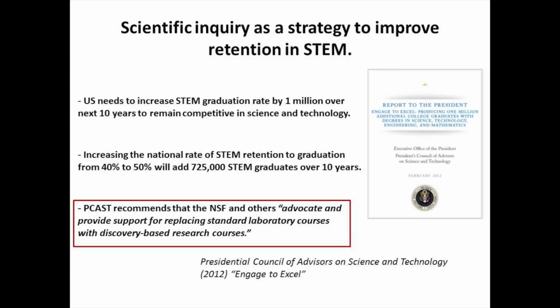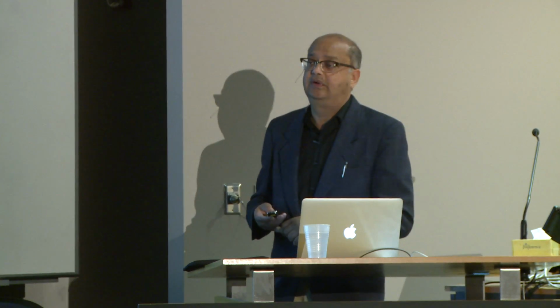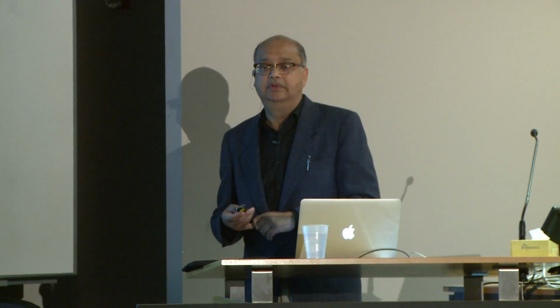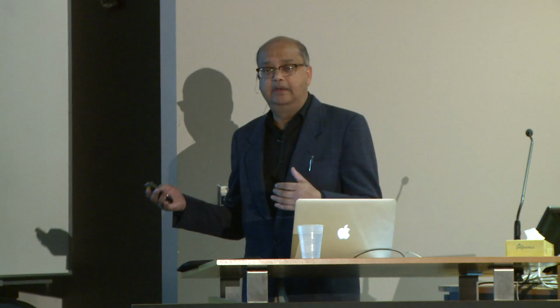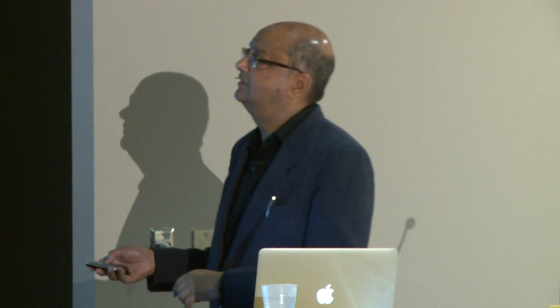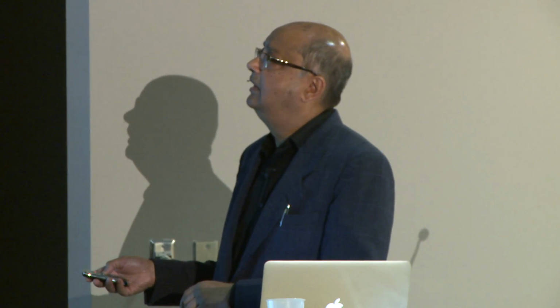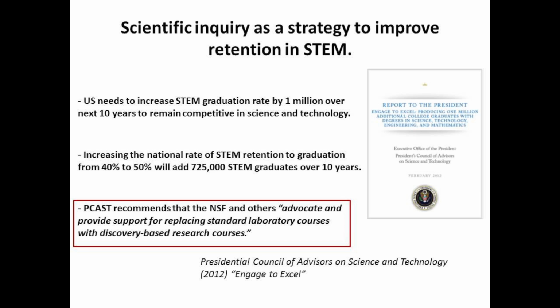And then finally, PCAST, the Presidential Council of Advisors on Science and Technology's Engage to Excel. It's something that Obama had requested, and a good friend of ours, Joe Handelsman, who is right now involved in the White House for developing programs, has suggested over a long period of time.